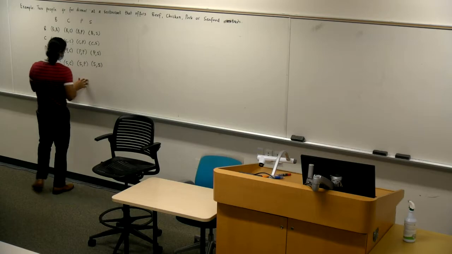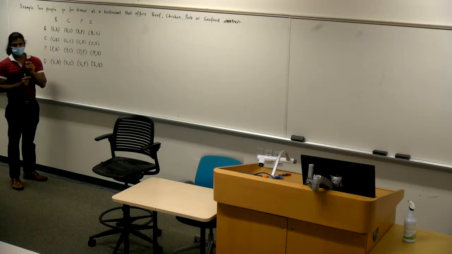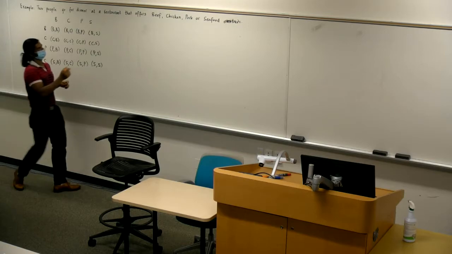There were 16 outcomes, and we did one problem. What was that problem? What is the probability that at least one of them orders chicken?